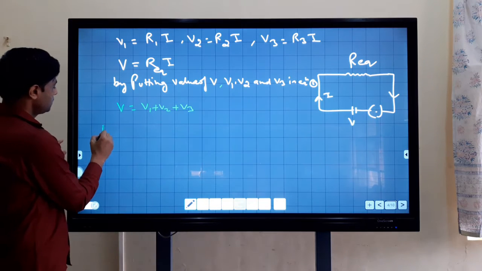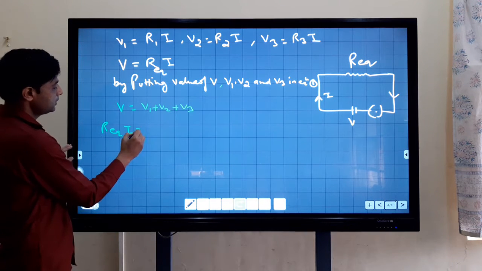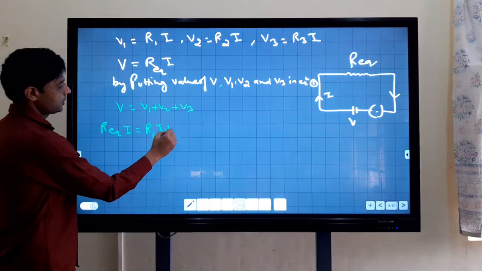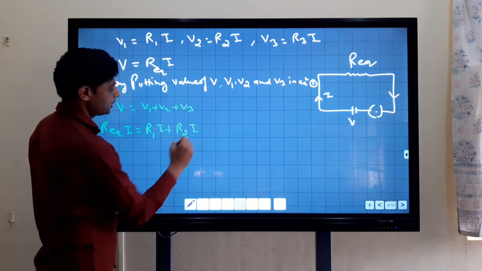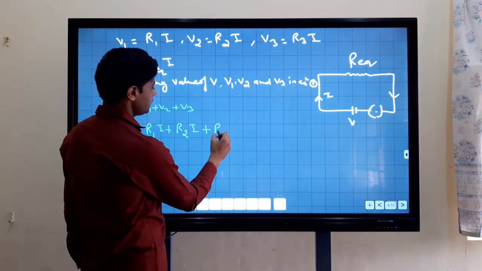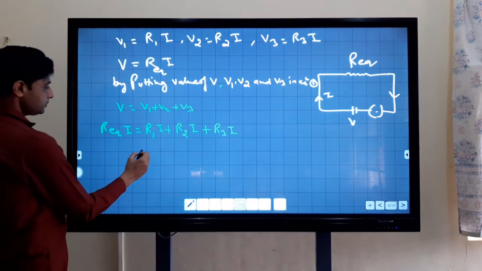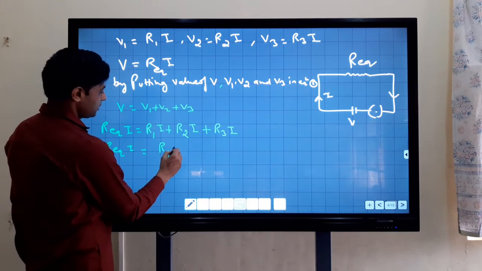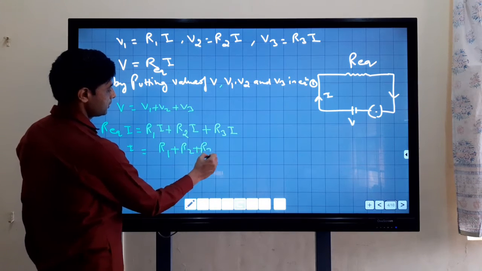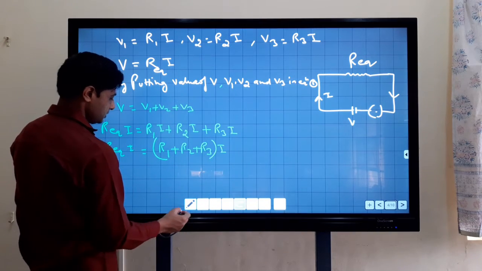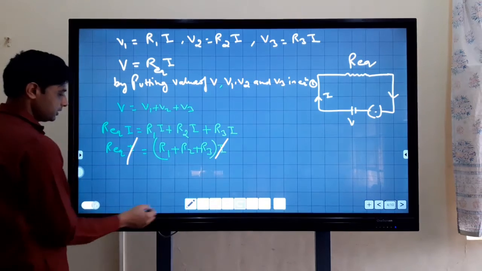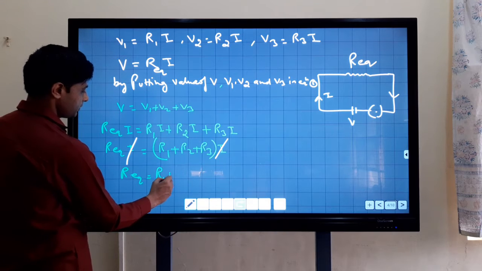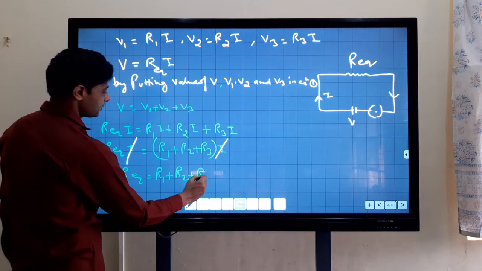Then V equal to R equivalent I, the value of V1 is R1 I, V2 is R2 I, and V3 is R3 I. So R equivalent I equal to R1 plus R2 plus R3 times I. It means I cancels on both sides, so R equal to R1 plus R2 plus R3.